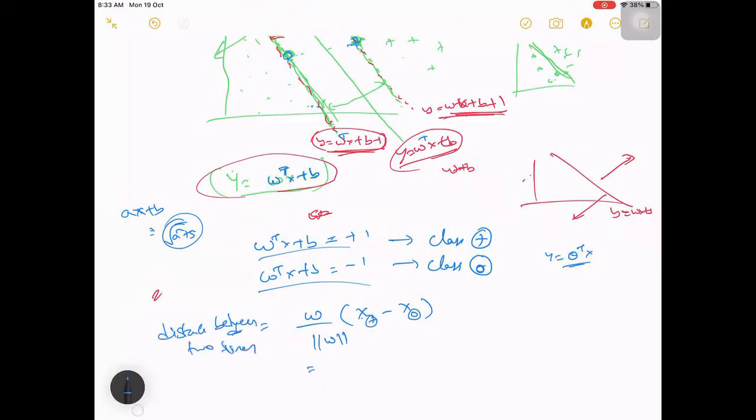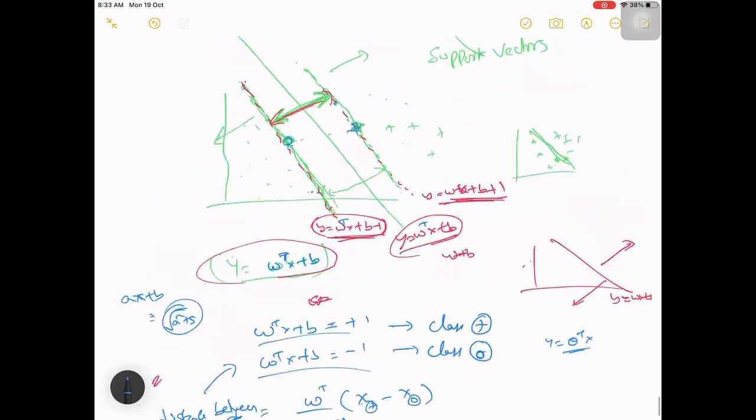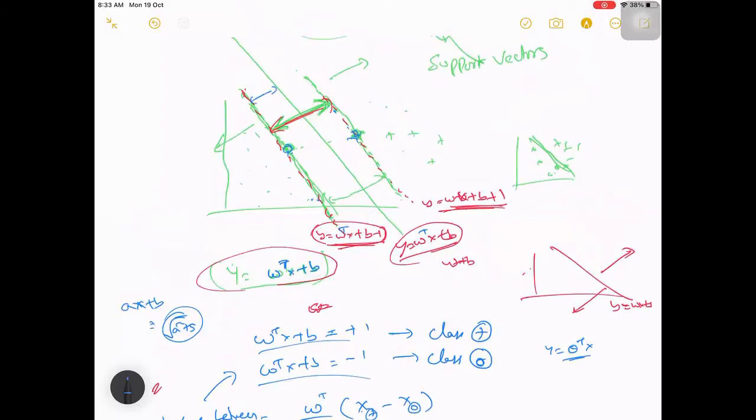Okay. So if you take this, this is transpose, right? Let's say this is W. Usually this will be W and this will be W. So this is a kind of a distance, right?